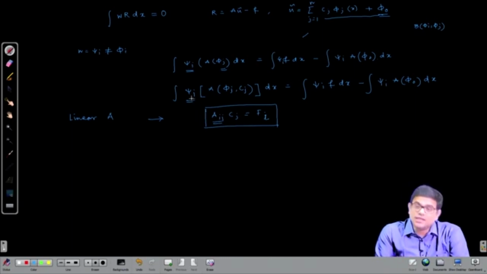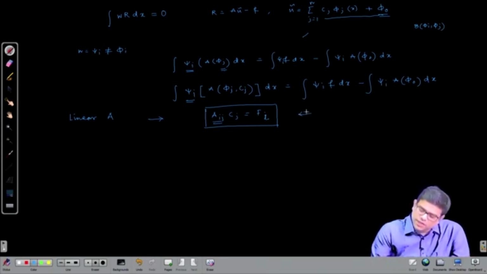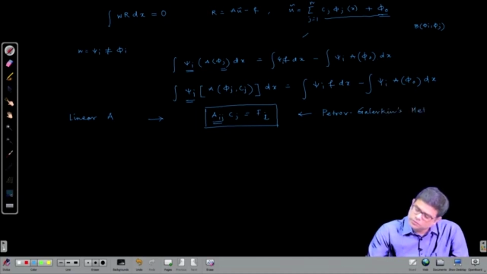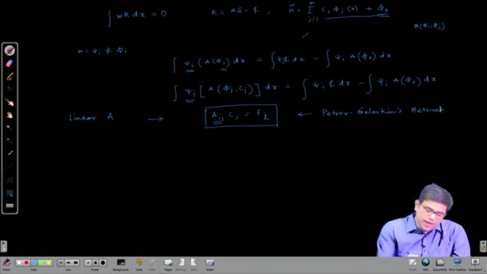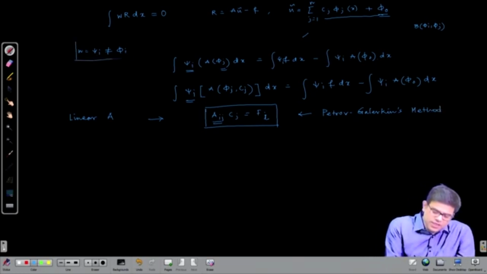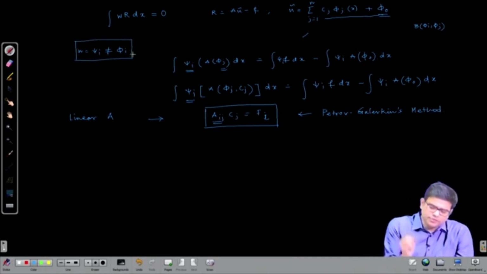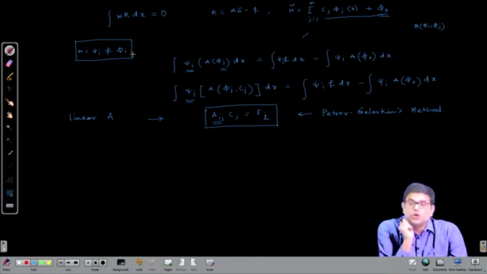If psi I is a different thing, then it will not guarantee a symmetric form. This is known as the Petrov-Galerkin method, where this condition is true.